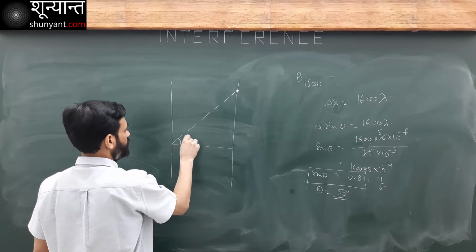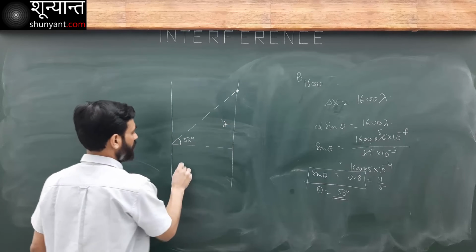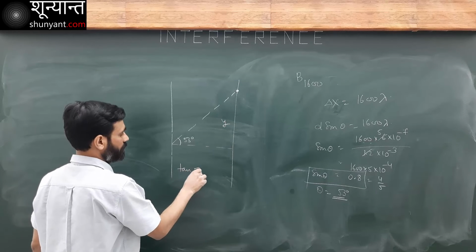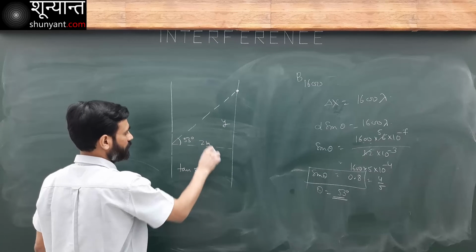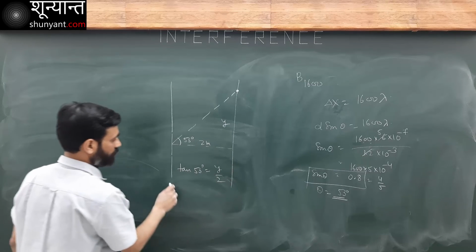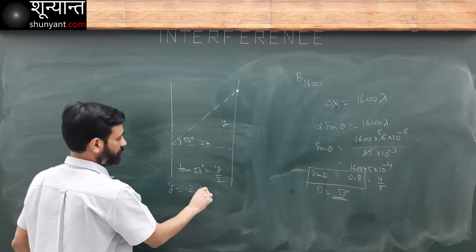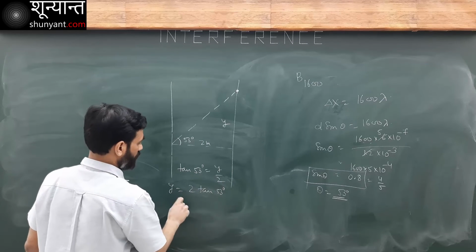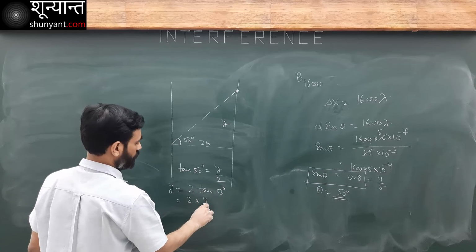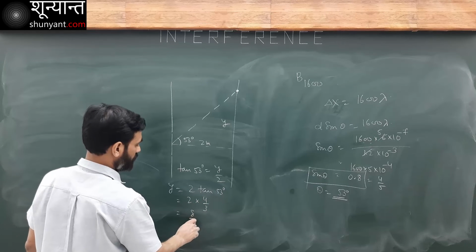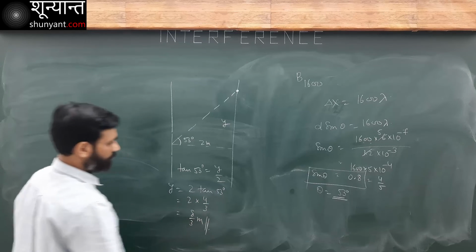This is y. So tan 53, this is 2 meter. Y over 2. That's it. Y is 2 tan 53. So 2 times 4 over 3, so 8 over 3 meter.